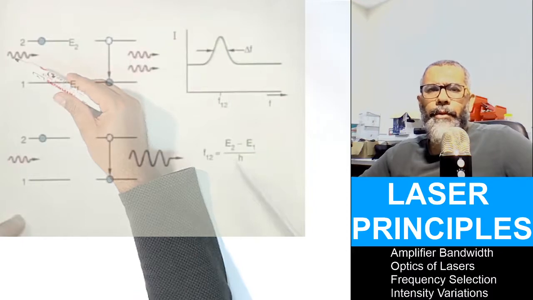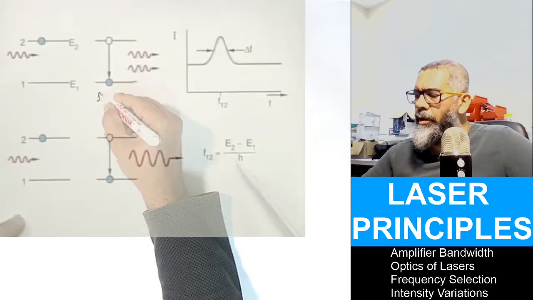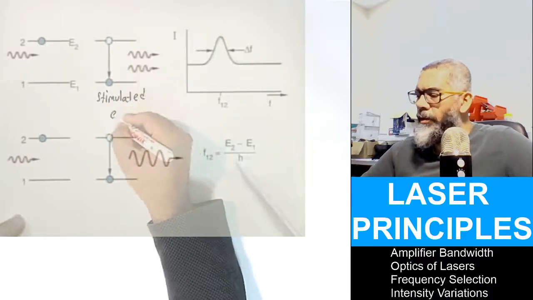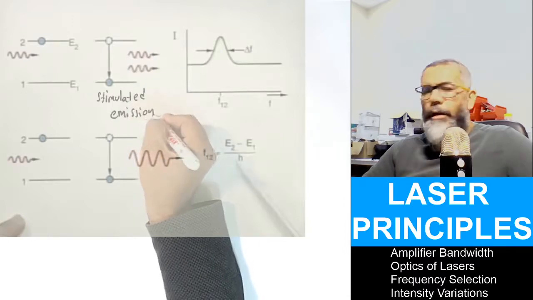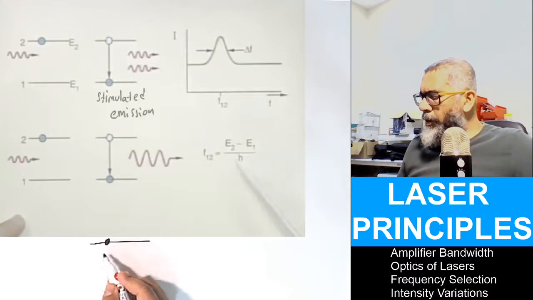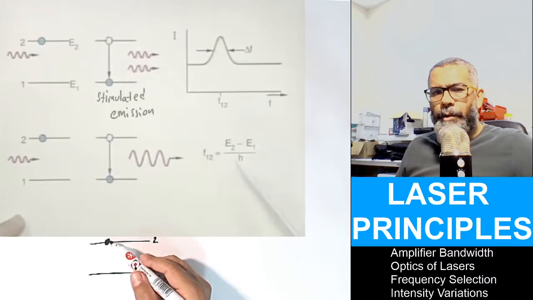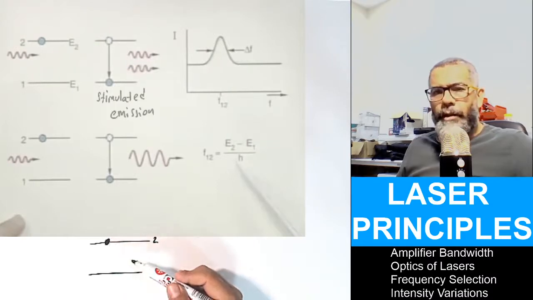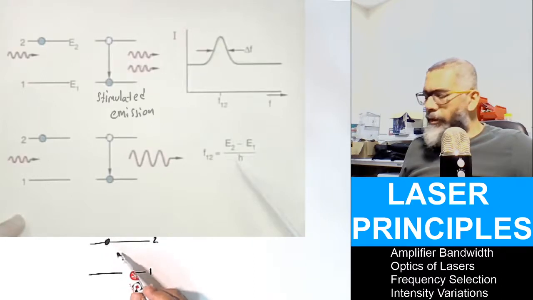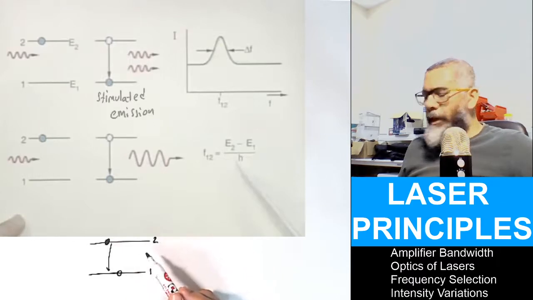So this is called stimulated emission. This is not spontaneous emission. This is called stimulated emission. You might have an atom which originally has its electron in the upper level, and as I said, this electron will not stay there forever. It will go down after nanoseconds.